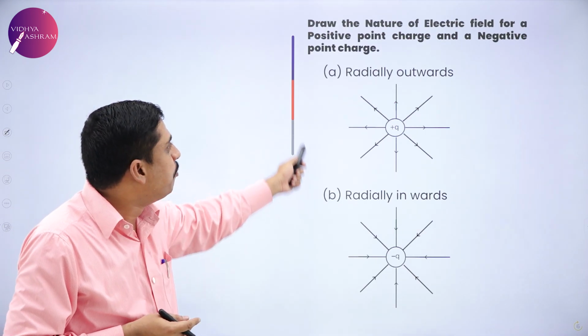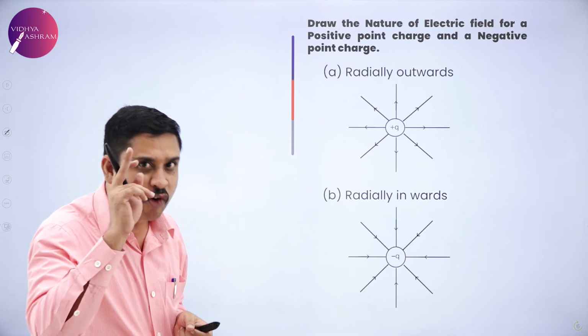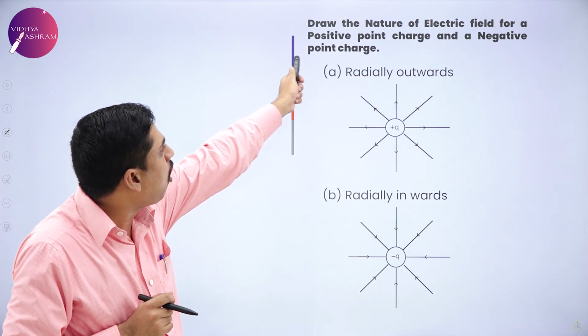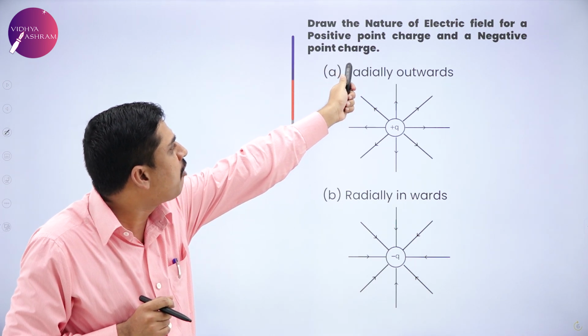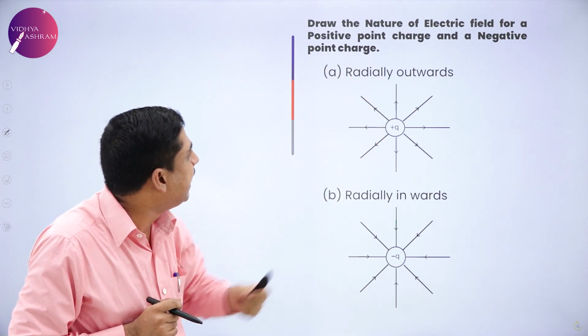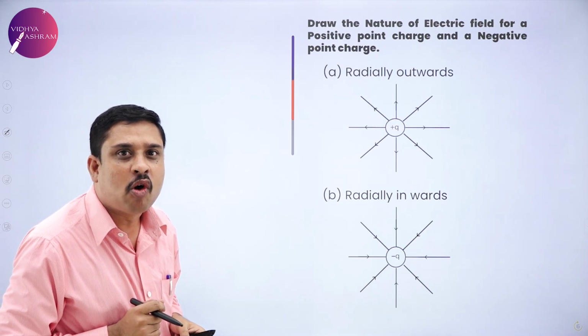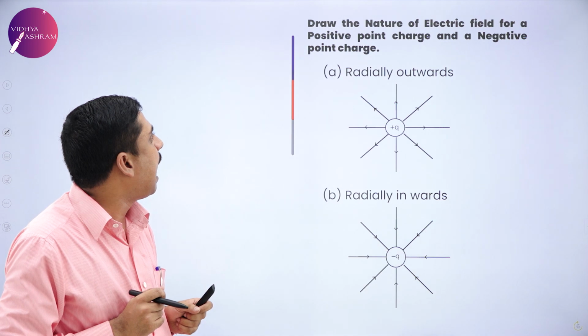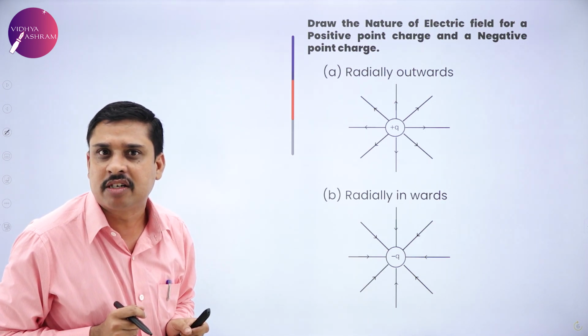Now, again very important, asked for 1 mark frequently in the exam, you have to draw the nature of electric field in case of a positive point charge and negative point charge.